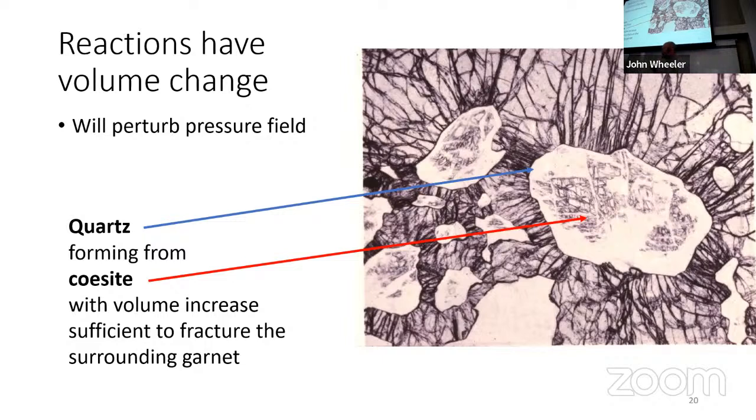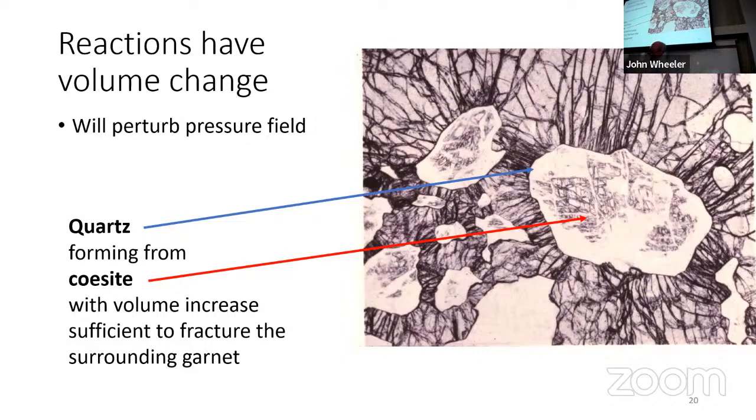And all it's doing is showing that that volume change is problematic, because if something's trying to get bigger, it's pushing on its surroundings, so it makes its own stress system. Now, in this case, it's fracturing. This is a lump of coesite in garnet, and it's fracturing the garnet. So it's a nice metamorphic example of stress building up to really quite high levels.